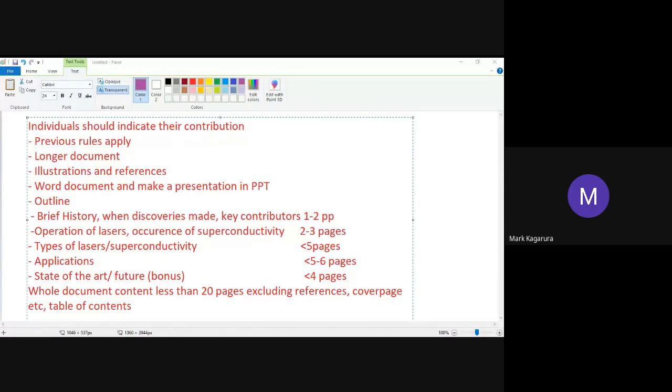Then E1 to G1 to H1. We'll do superconductivity.